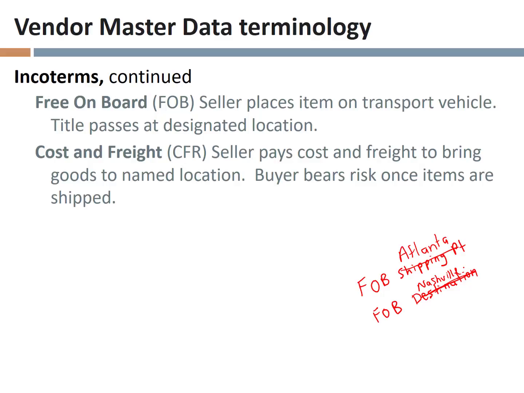In cost and freight, the seller says, we'll pay for the shipping, we'll pay for the freight to get these items where you want, but you as the buyer are in charge of handling the risk here. Oftentimes, the reason this is done is we might be shipping this using a third party, let's say a trucking company. So, sure, we'll pay for the trucking, but you take care of the insurance. It's kind of a compromise to share the costs between the parties.